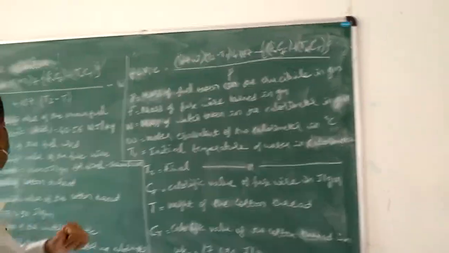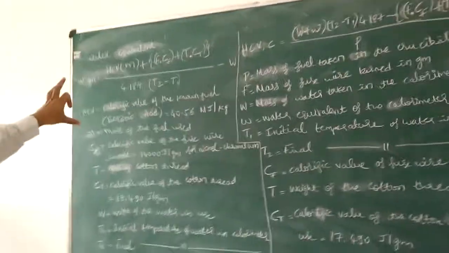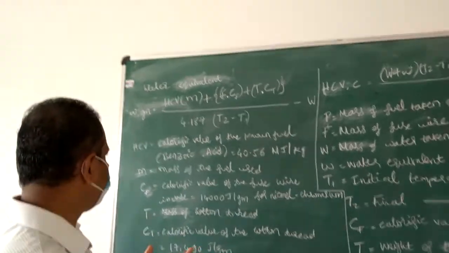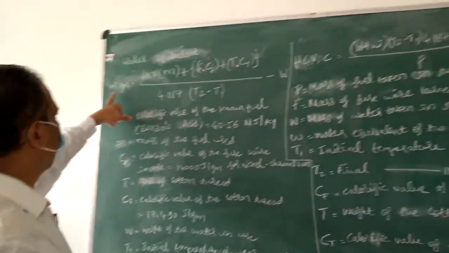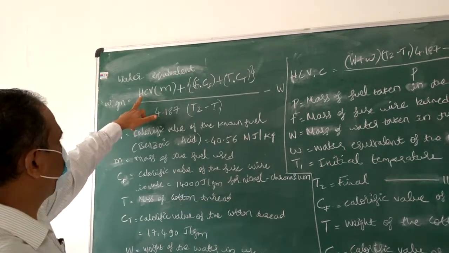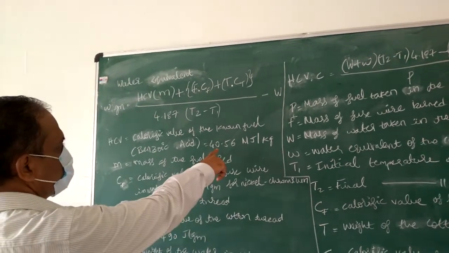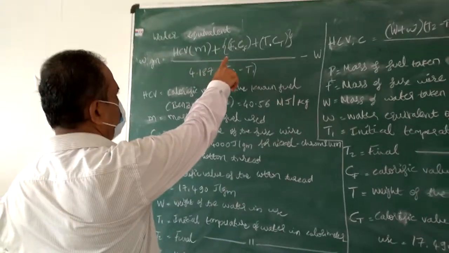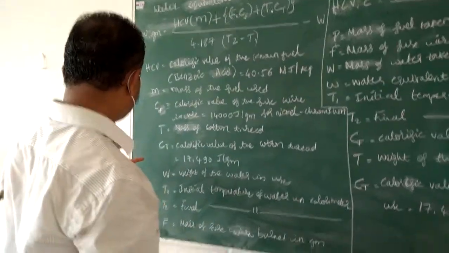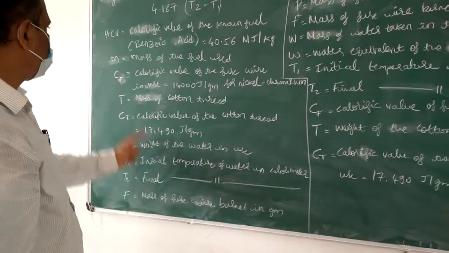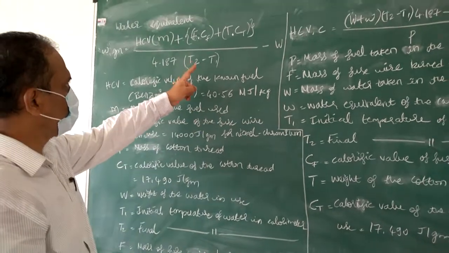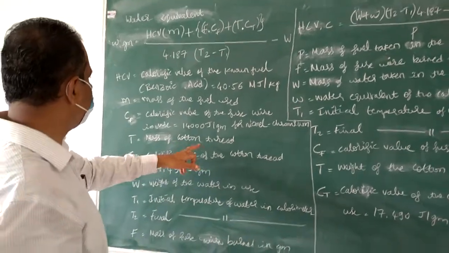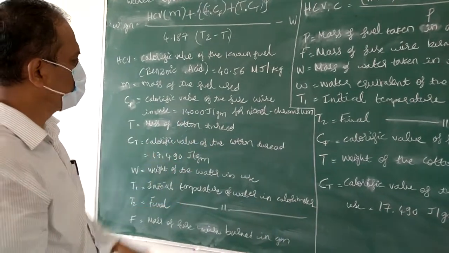M is the mass of the fuel taken. And how do we find out this w, the water equivalent? For that we have a relation. As I told, for the benzoic acid we are taking, w is equal to HCV for this benzoic acid, 40.56 megajoules per kg, into mass, plus F into CF, where F is the mass of the fuse wire and CF is the calorific value of the fuse wire, plus T into CT, where T is the mass of the cotton thread and CT is the calorific value of the cotton thread.